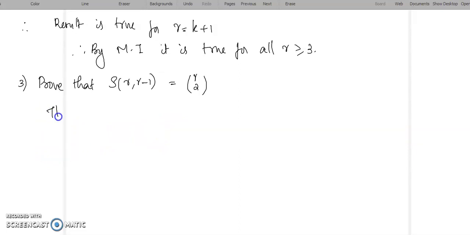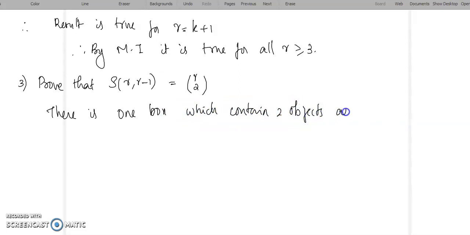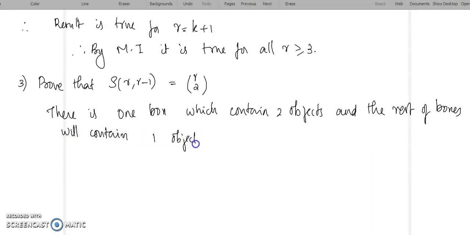So there is one box which contains 2 objects and the rest of the boxes will contain 1 object.